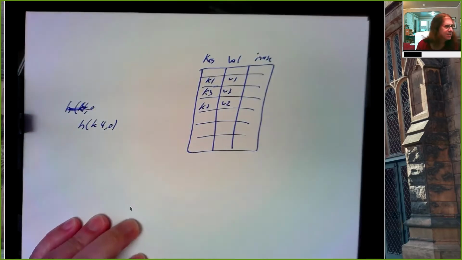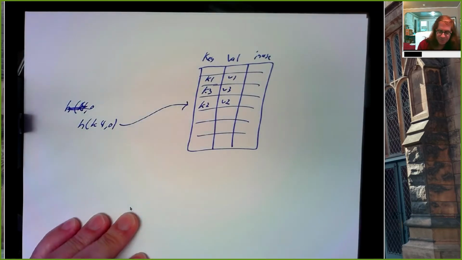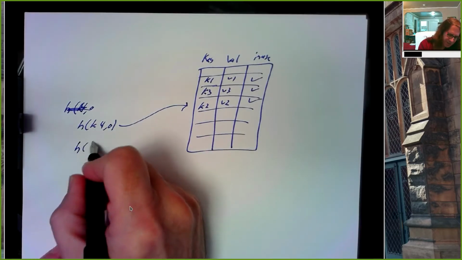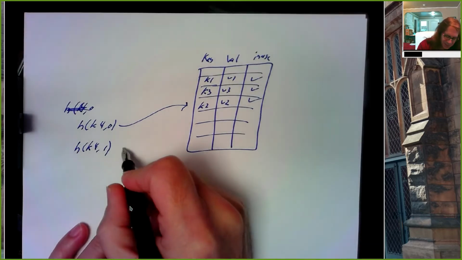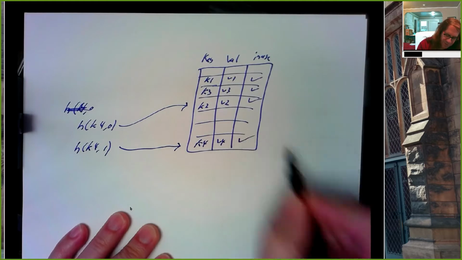And let's say that hashing key 4 with a first probe takes us right here. And so these are all in use. So that's in use, so we rehash with a probe of 1, and let's say that takes us down here. So we store K4 with value 4, and we mark it in use.